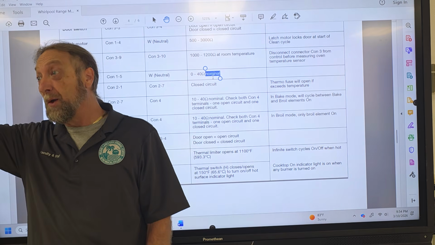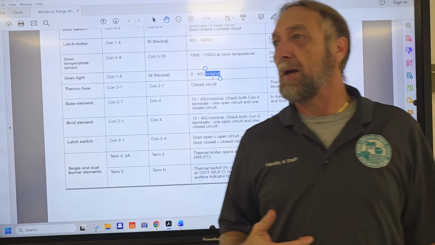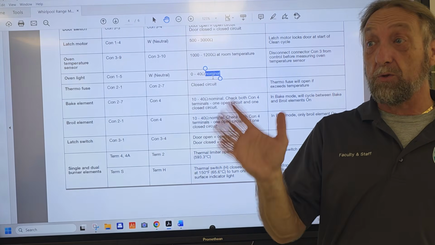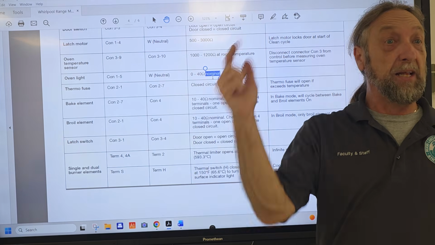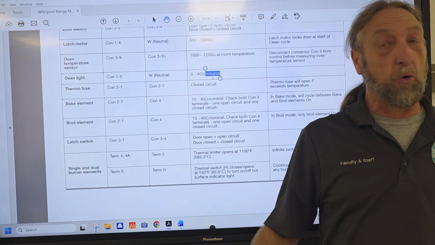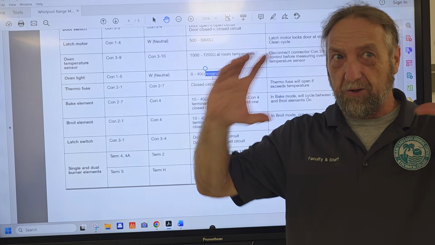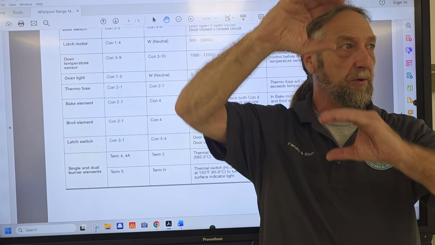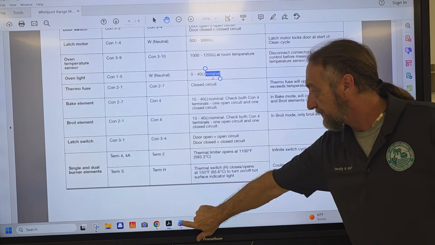And I drew the right way how it goes. If you looked at the way it was drawn, line 1 went right to neutral. It didn't have any load in between. It was a direct short. I redrew the diagram in the video and said, this is the way it's supposed to go, and I showed you the before and after. So watch that video, it's really good on the circuits.